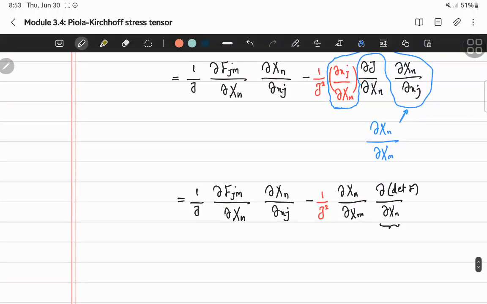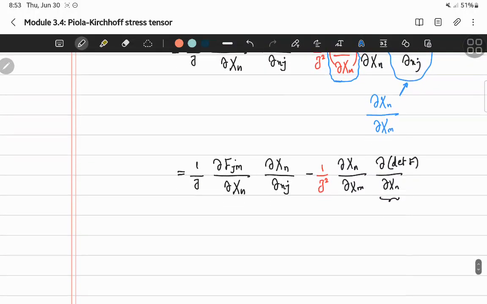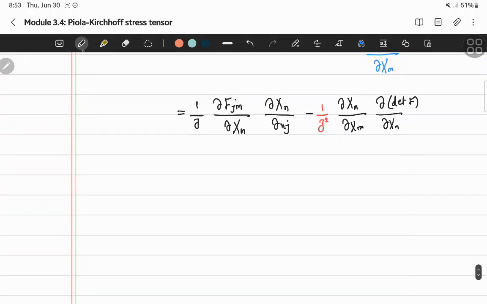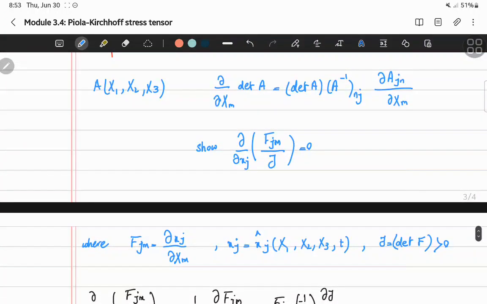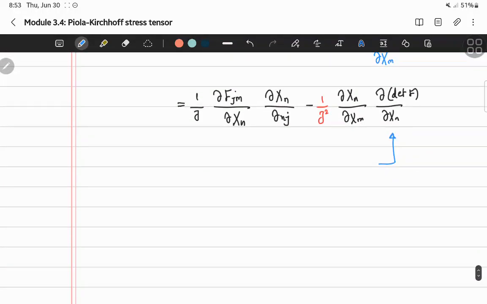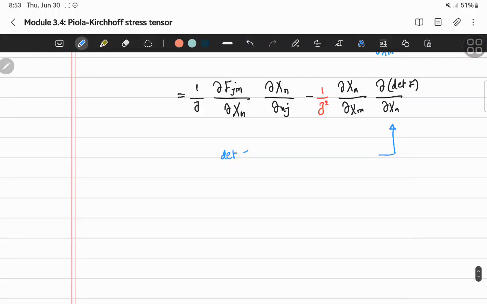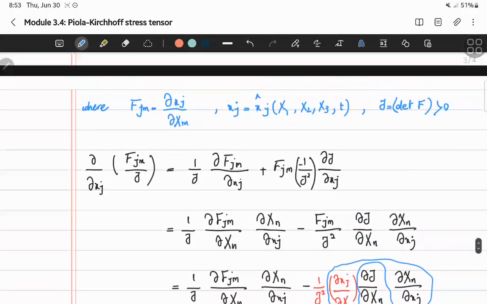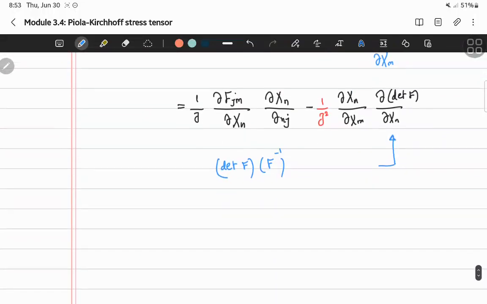And I can write this as, so we have the determinant of f, then we have f inverse nj.